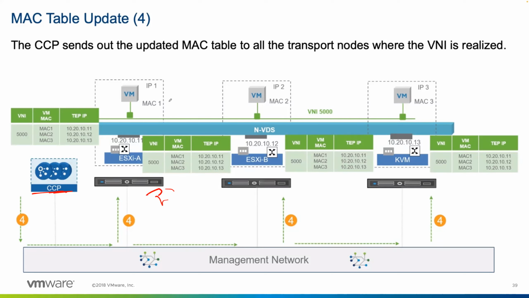That means ESXi-A, for example, can see this table: where MAC 2 is, where MAC 3 is, where MAC 1 is, and the associated TEP IPs.